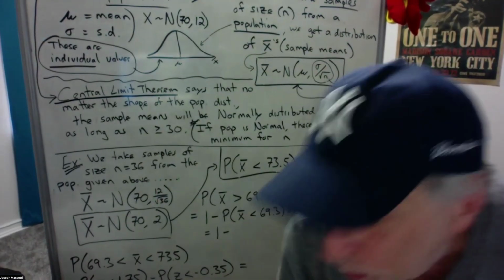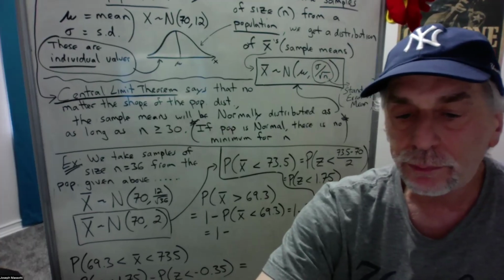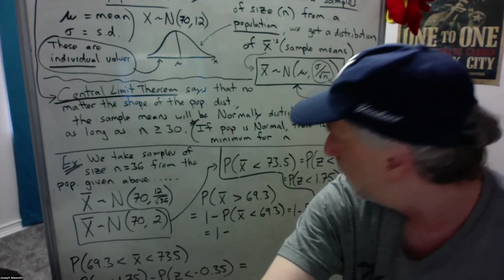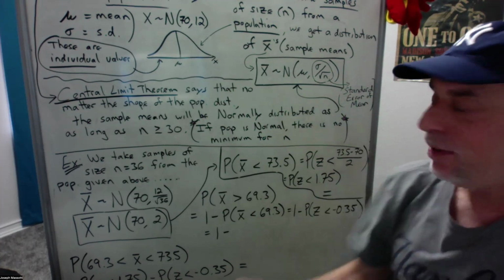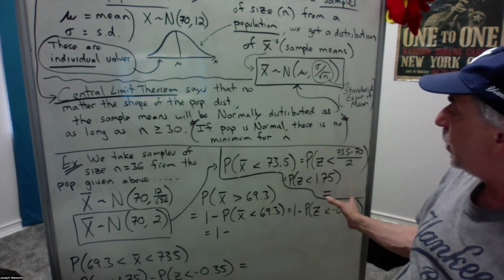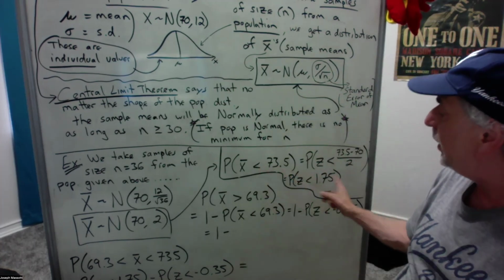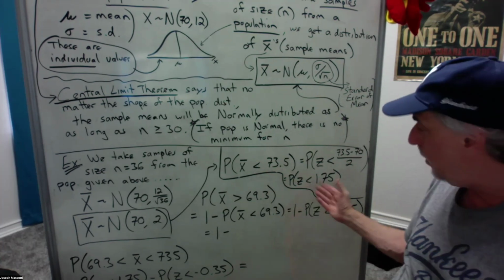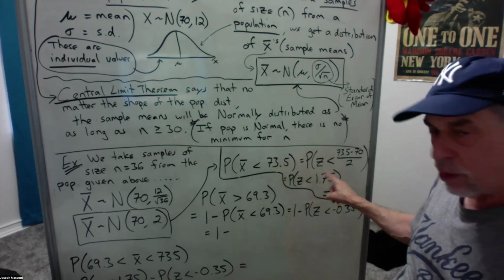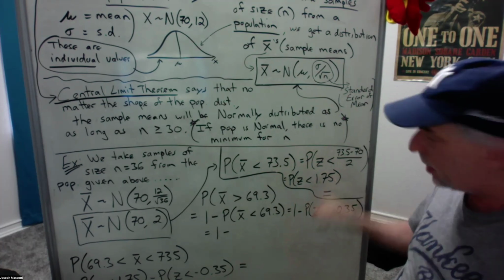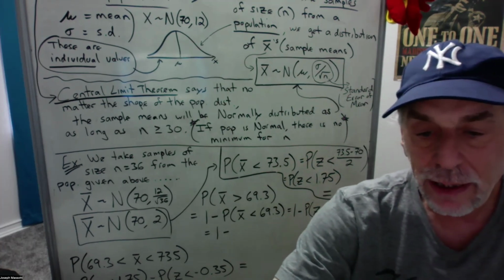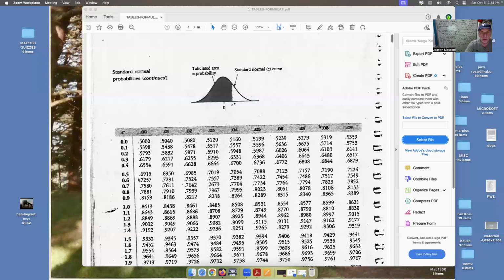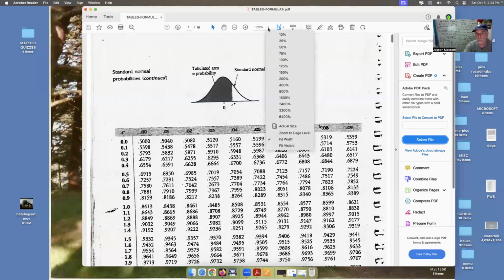And just like we did previously, we go to our table and look up that number, 1.75. Now, again, realize that's the most straightforward question since it's less than. We know the table gives us probabilities less than the value that we look up. So all we have to do is look up 1.75 in our table. And we know how to do that, hopefully by now.